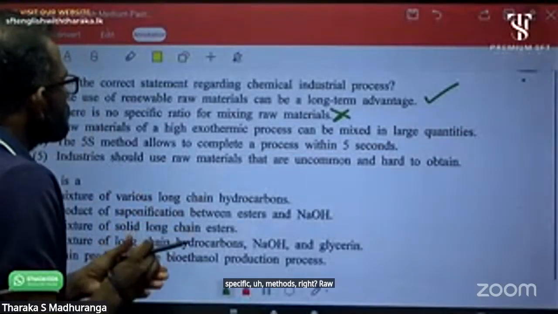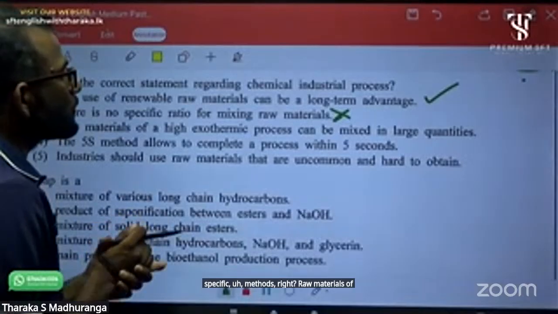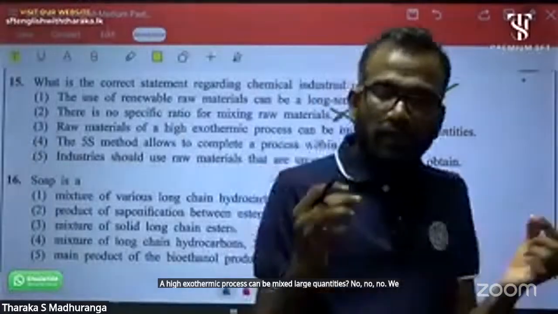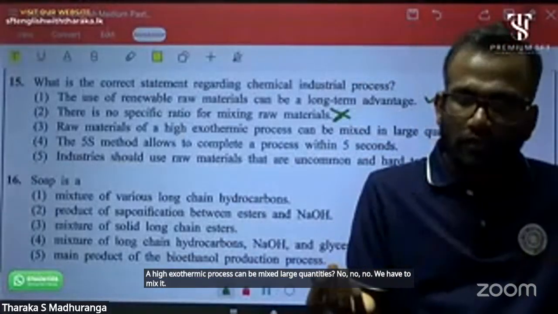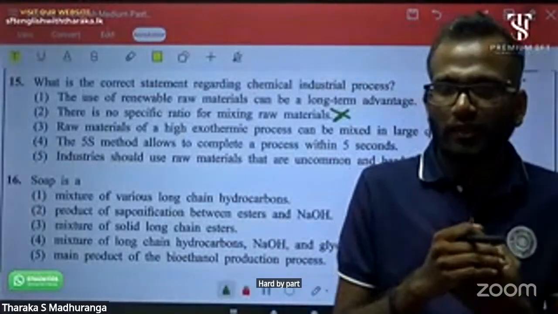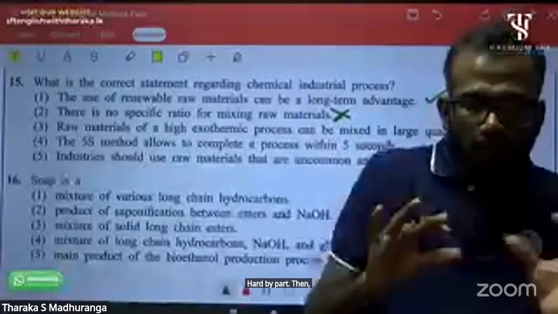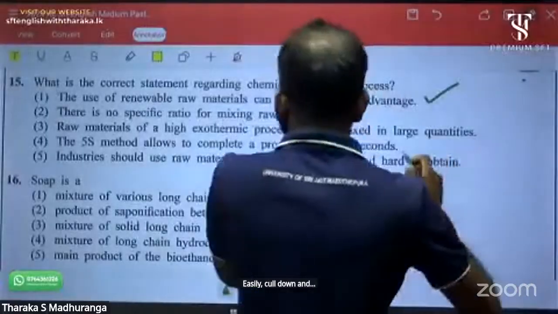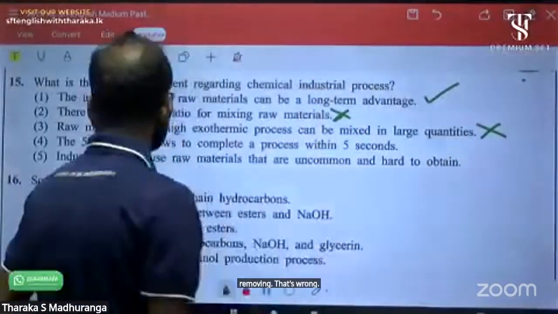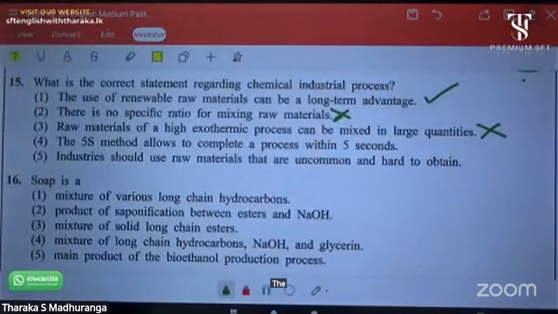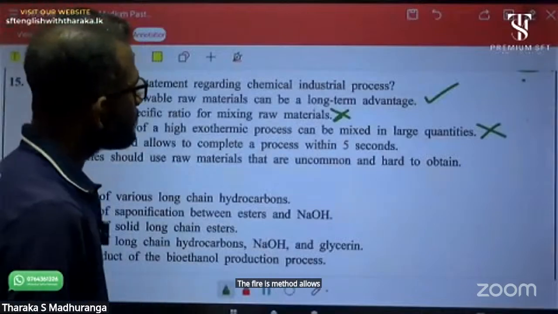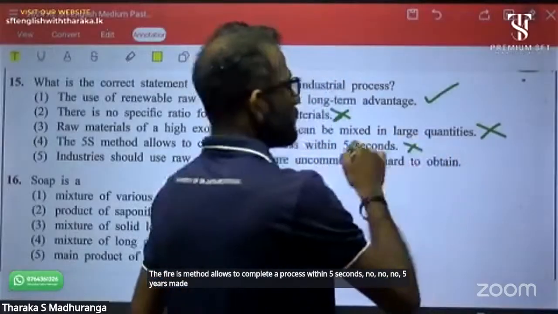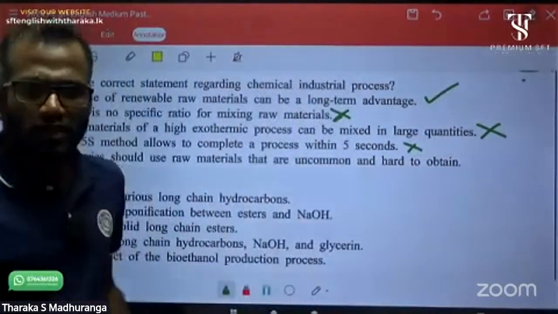Raw materials of a highly exothermic process can be mixed in large quantities? No. We have to mix them in very small quantities, part by part, so the produced heat can be easily cooled down and removed. The 5S method allows a process to be completed within 5 seconds? No. The 5S method means Seiri, Seiton, Seiketsu.